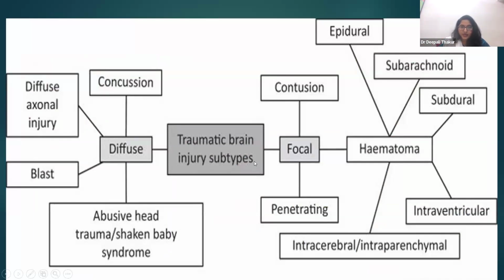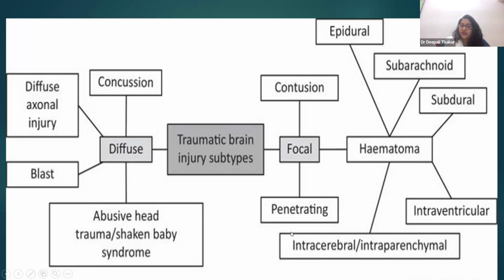There are certain subtypes. Traumatic brain injury can be focal or diffuse, right? The focal injury can have some contusions. We can have hematomas: epidural, subarachnoid, subdural, intraventricular, and intracerebral bleeds.